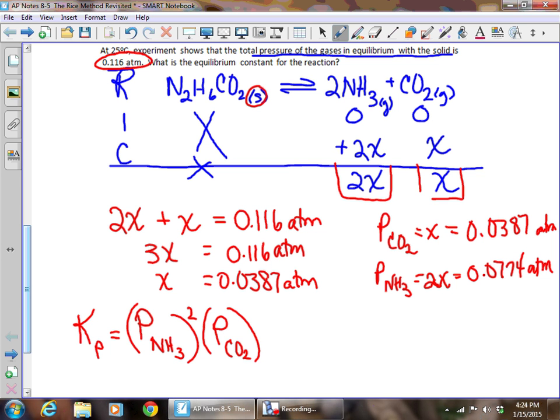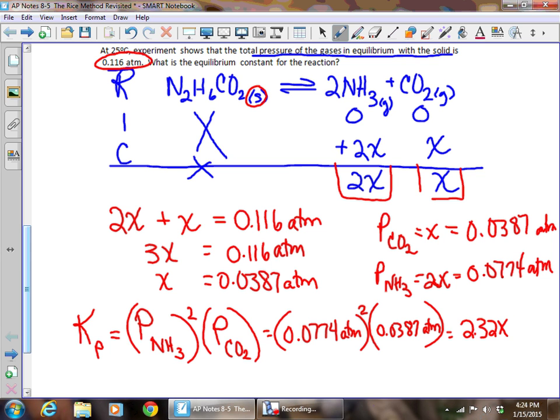And since we know that the pressure of NH3 is 0.0774 atmospheres squared, and the pressure of CO2 is 0.0387 atmospheres, and I'm not sure why I'm putting atmospheres, because the units are not going to be involved in the final answer anyway, since it's an equilibrium constant, I end up with an equilibrium constant of 2.32 times 10 to the negative fourth.